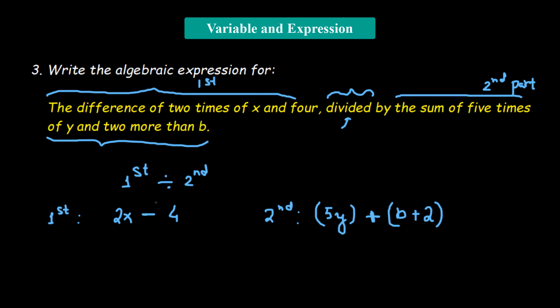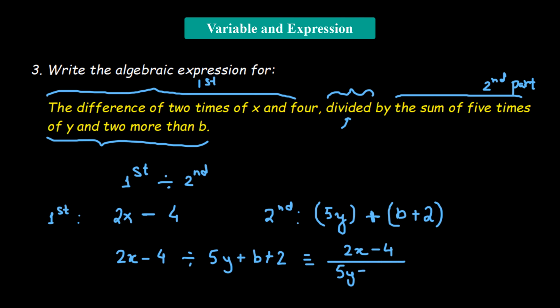That means we have to divide the first statement, which is 2x minus 4, by the second statement, which is 5y plus b plus 2. We can also represent it as 2x minus 4 divided by 5y plus b plus 2.